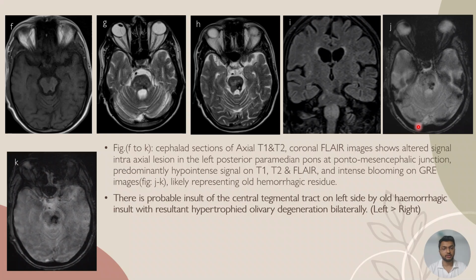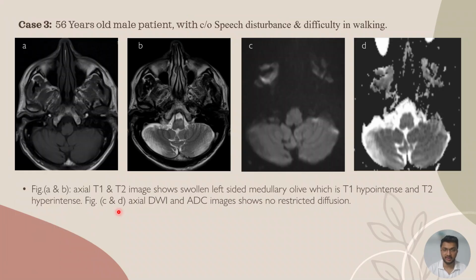The sagittal section of T1, T2 and FLAIR images shows an altered signal intra-axial lesion in the left dorsal pons at the pontomesencephalic junction, which is hypointense on T1, with intense blooming on the GRE images. So there is a probable insult of the central tegmental tract on the left side by an old hemorrhagic insult with resultant hypertrophic olivary degeneration bilaterally.